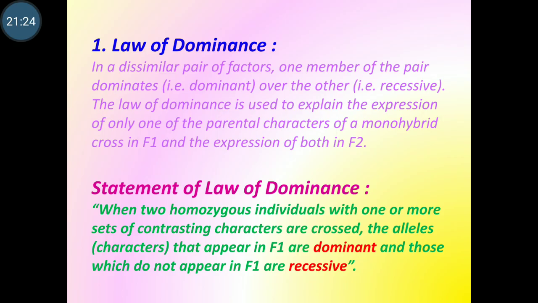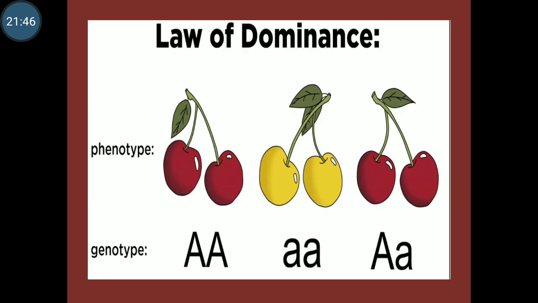Law of dominance statement: when two homozygous individuals with one or more sets of contrasting characters are crossed, the alleles that appear in the F1 generation are dominant and those which do not appear in the F1 generation are recessive. Here you can see the pictorial representation of the law of dominance.